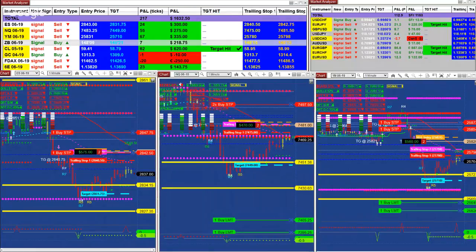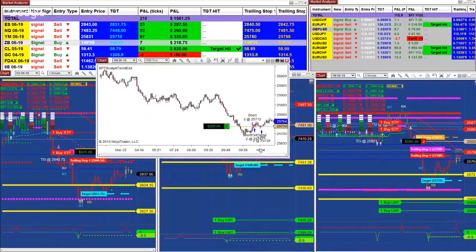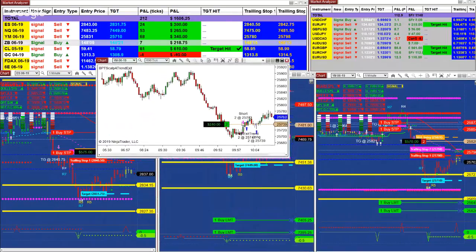Let me show you an example here on the YM. The YM right now is taking a trade on the swing trading, and it was topping at $300 on this YM.